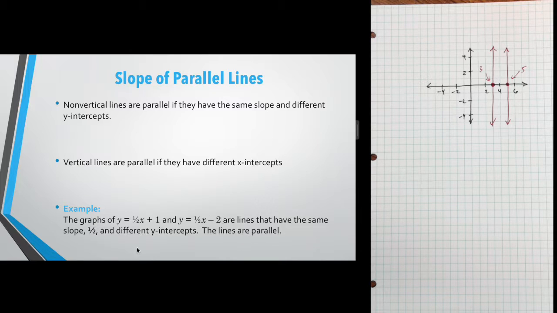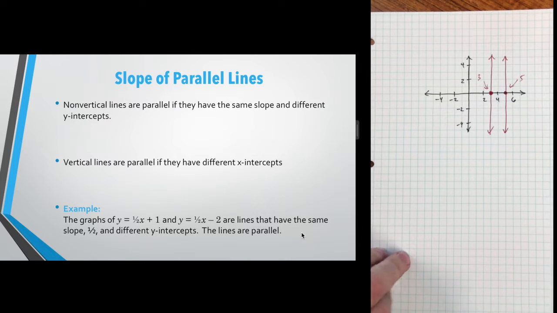So they're parallel. Same slopes, 1/2, different y-intercepts, these are parallel lines. So let's look at a problem and see how this works.